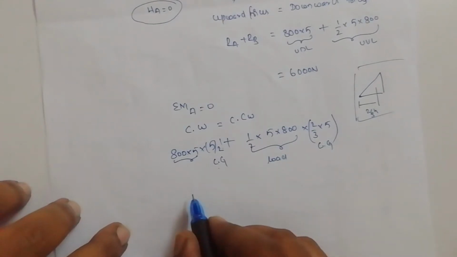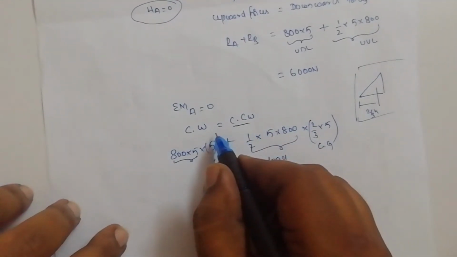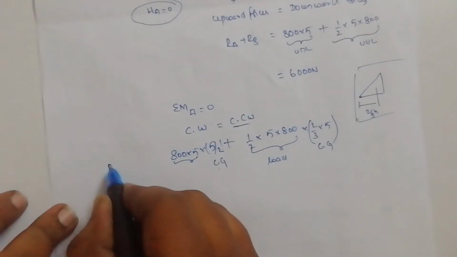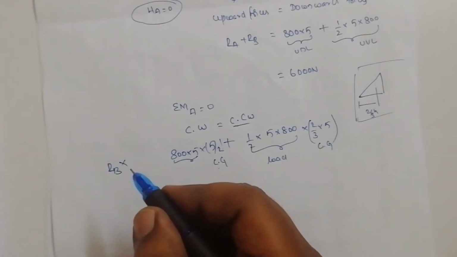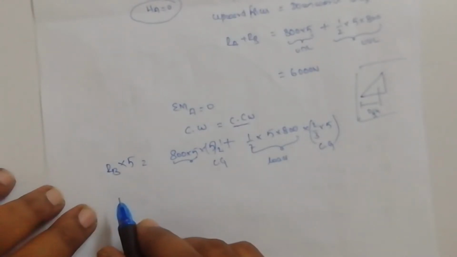So what will be the value? These two are on one side, and on the other side we have the counterclockwise direction. I will write counterclockwise direction here. That is RB into the distance of RB from point A, which is 5. So RB into 5. Clear?